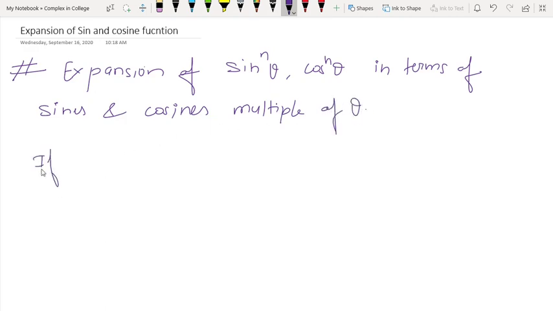Now suppose x equals cos theta plus i sine theta.